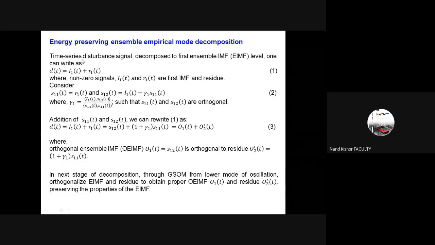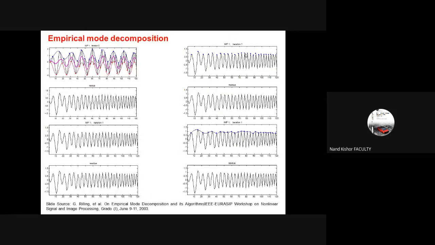Now, we have actually used energy preserving ensemble empirical mode decomposition. The traditional EMD, which I have discussed just now, is associated with some disadvantages. When we have more complex signals, the IMF which we achieve out of the upper envelope and the lower envelope is not actually a monotonic component.